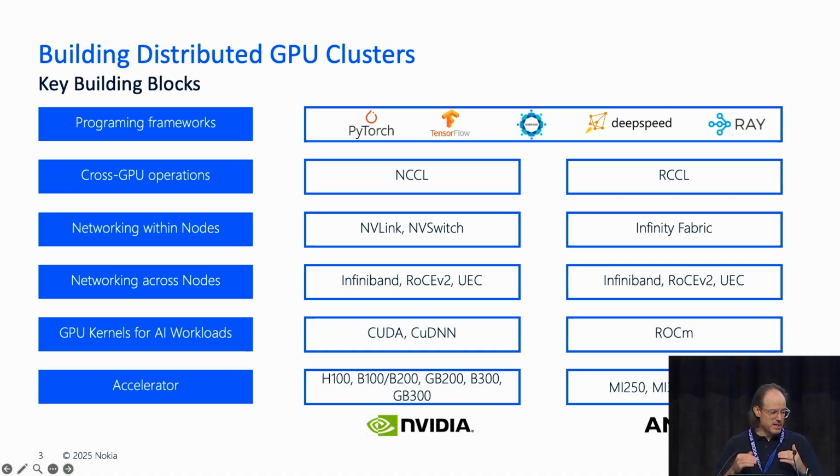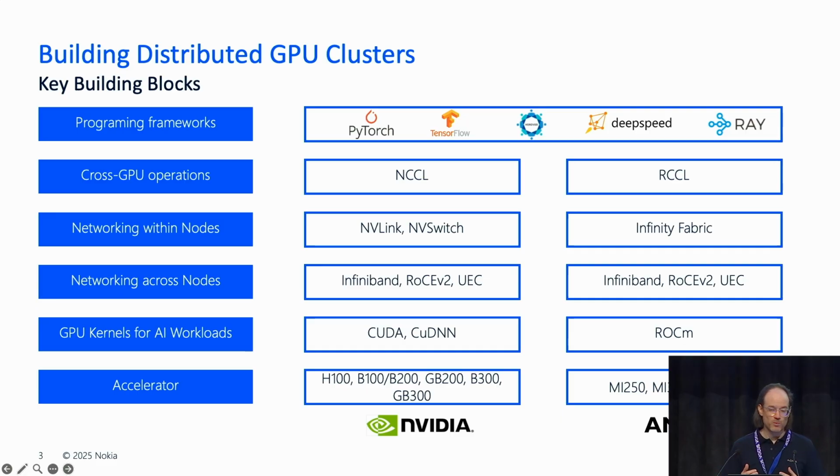Then the next layer down is cross-GPU operations, and this is coordinating the exchange of data between GPUs. Within this, you'll have collective communication libraries, things like NCCL from NVIDIA and RCCL from AMD, and it really enables the complexity of the underlying distributed infrastructure to be abstracted away.